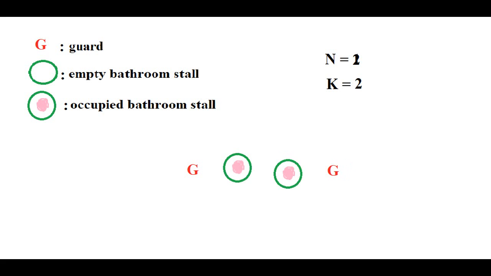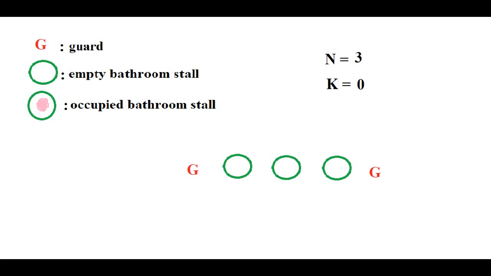Here, we are trying to understand how the guests choose their bathroom stalls. The way they do it is by going to a stall that is as far as possible from the guards and from the other occupied bathroom stalls, if there are any. So let's look at the case where there are initially 3 bathroom stalls and no guests. K is equal to 0.